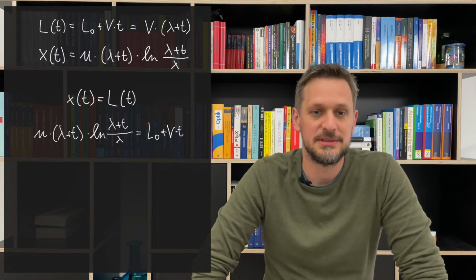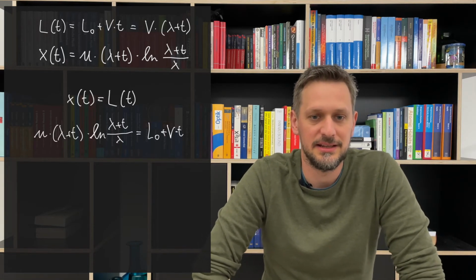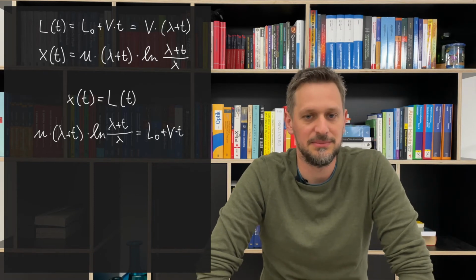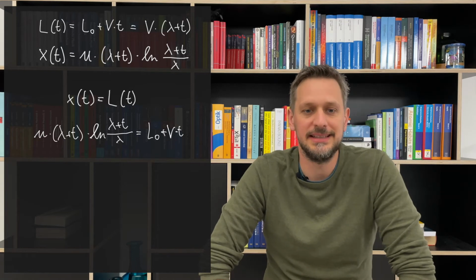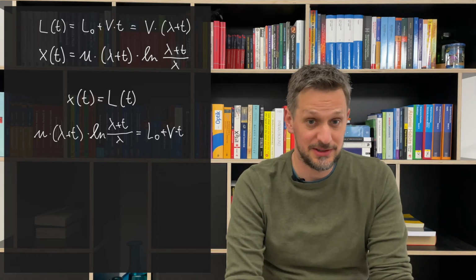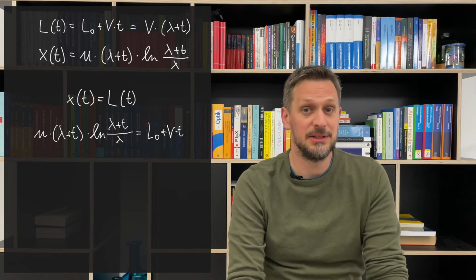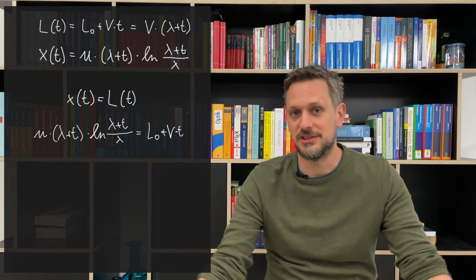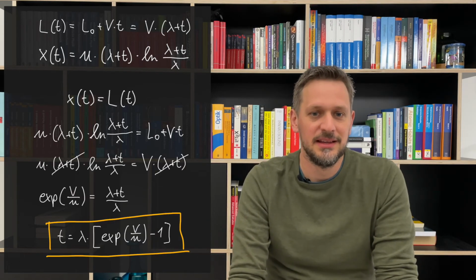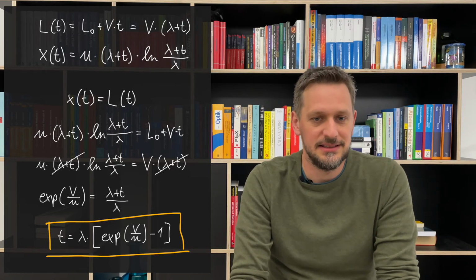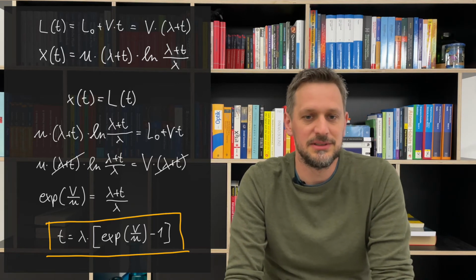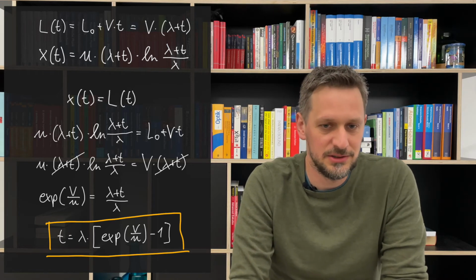Therefore, u times lambda plus t times ln of lambda plus t divided by lambda is set equal to L0 plus big V times t. Despite the way this looks, it's just a regular equation, and we can solve it just like any other regular equation. So quickly, this yields that t is equal to lambda times e to the big V over U minus 1.